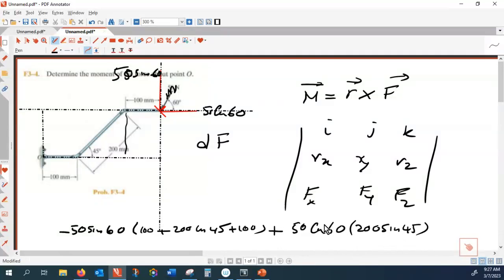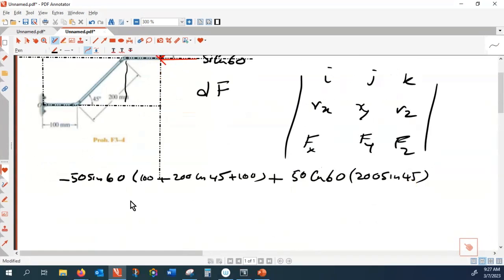Okay? And then when you add them, do you expect the outcome to be clockwise or counterclockwise? Can you cheat? The outcome, is it going to be clockwise or counterclockwise? That has to be clockwise because the original force would rotate my frame in a clockwise direction, right? So whatever that is, now say I'm lazy. Let's think that this is going to be minus 460 Newton meter, which means clockwise.